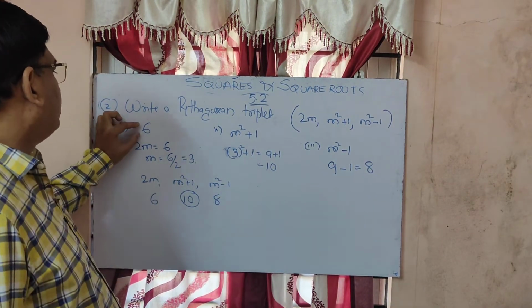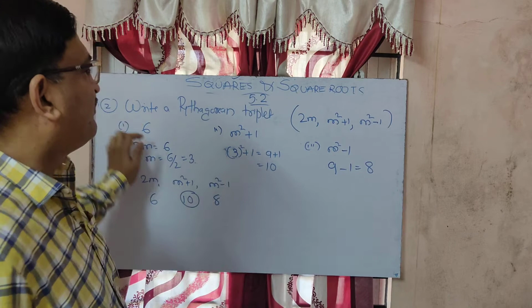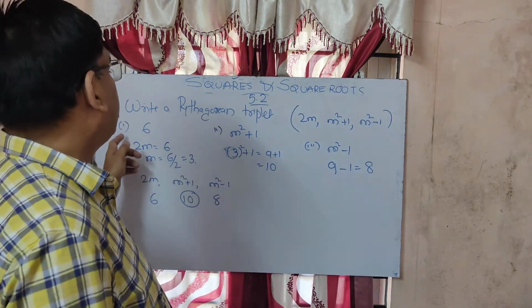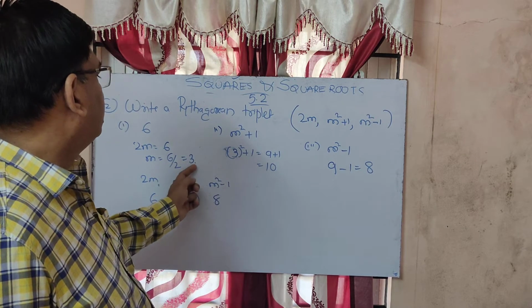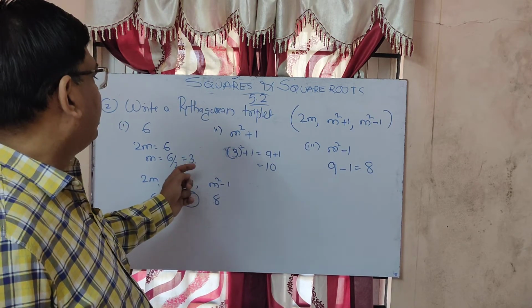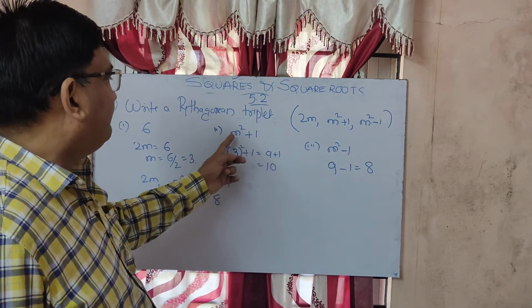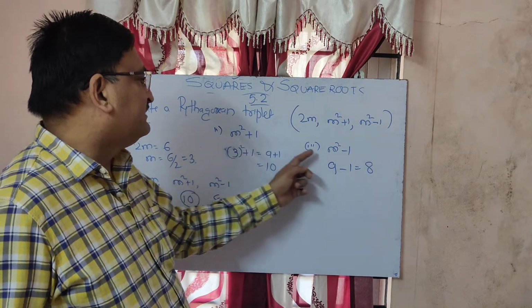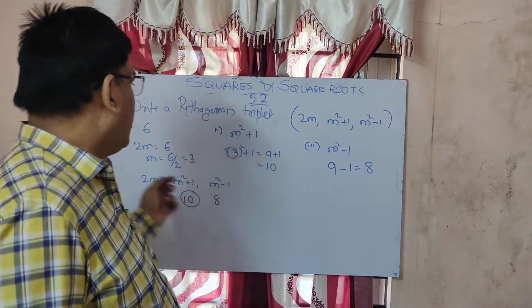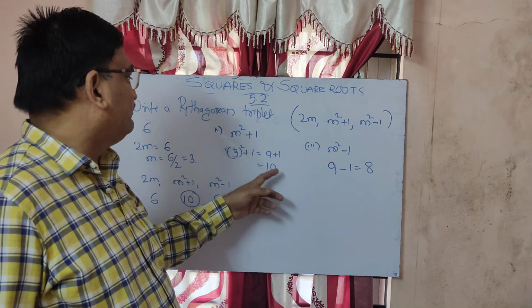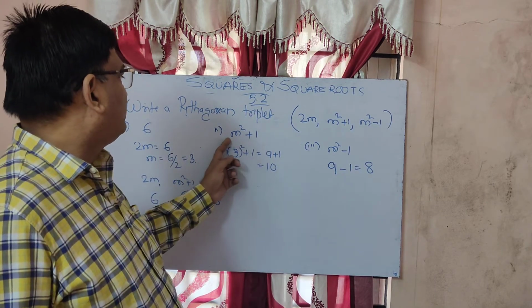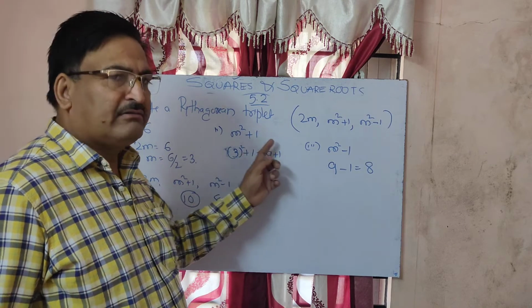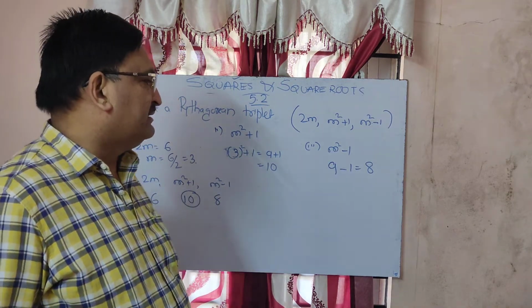So whatever number they give, first start from 2m. Set 2m equal to the given number and you will get the value of m. Once you get m, put that value in m square plus 1, and the same way in m square minus 1. By doing so, you get m square plus 1 and m square minus 1.